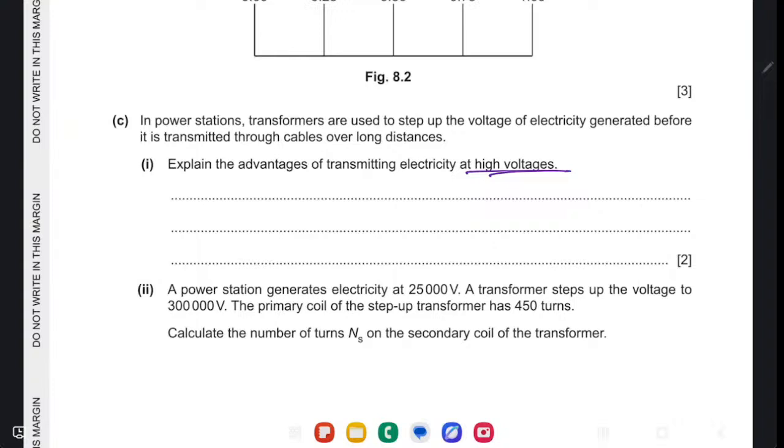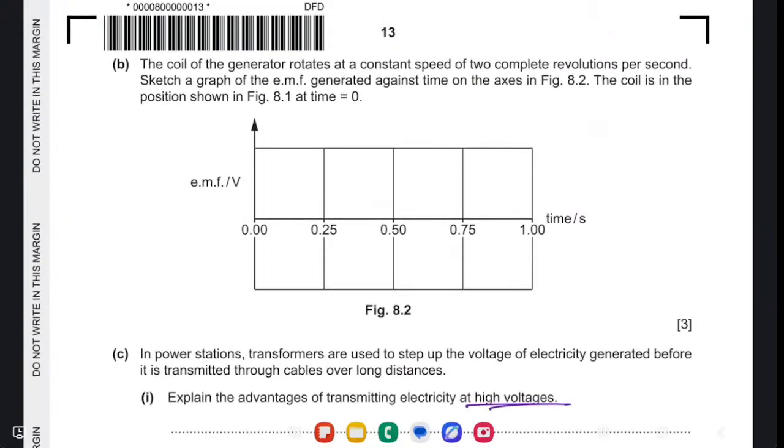Explain the advantages of transmitting electricity at high voltages. I feel like we talked about this somewhere. But, oh, here the graph. We talked about the graph, and I told you about the most important thing. The most important thing is the positioning of your coil.